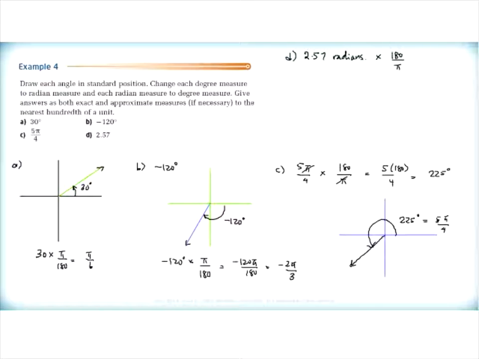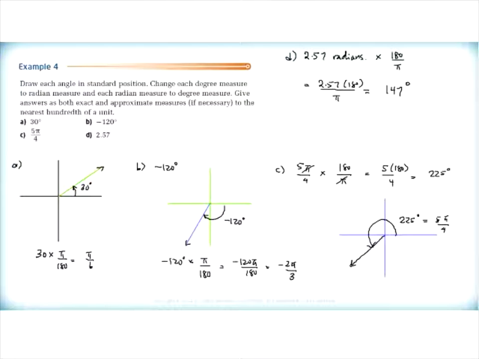There is no pi in your radian measure, so we simply need to do 2.57 times 180 divided by pi, and we use our pi symbol on our calculator. I get approximately 147 degrees. It's actually 147.2 degrees.